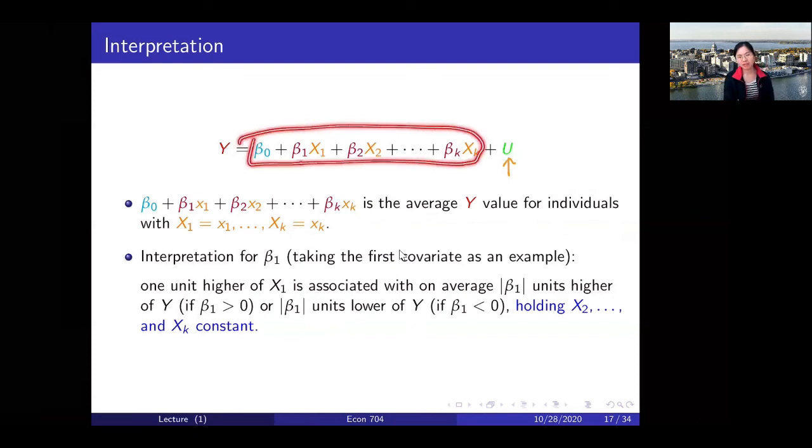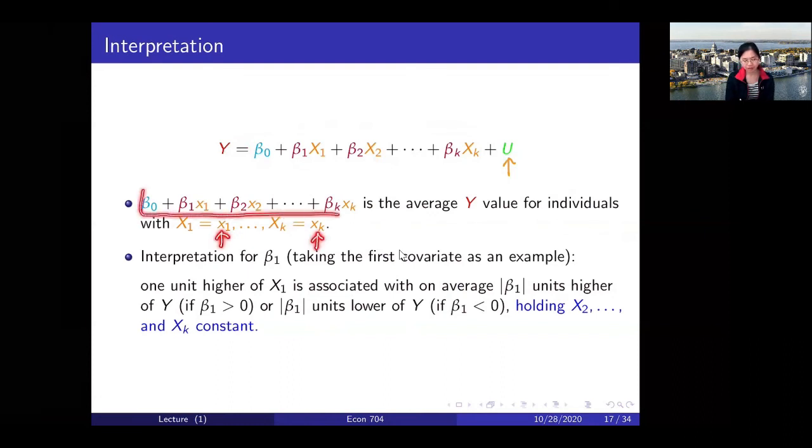The observable part is the conditional mean of y given x. Therefore, if you plug in the values, little realization values, x1 to xk, then this quantity with the realizations plugged in is the average y value for individuals with x1 equals little x1, xk equals little xk.